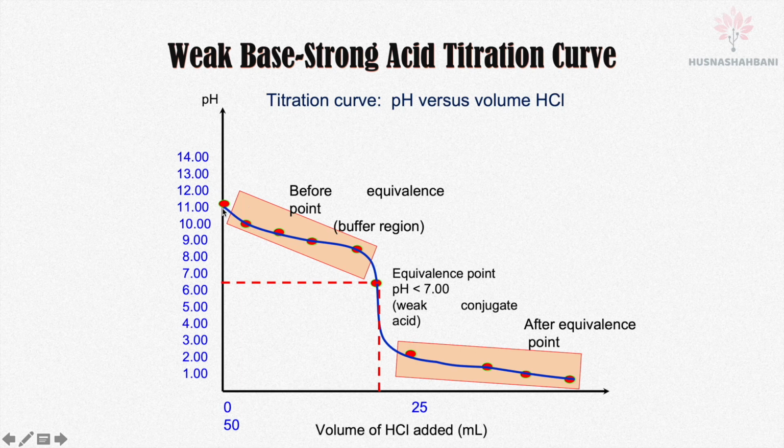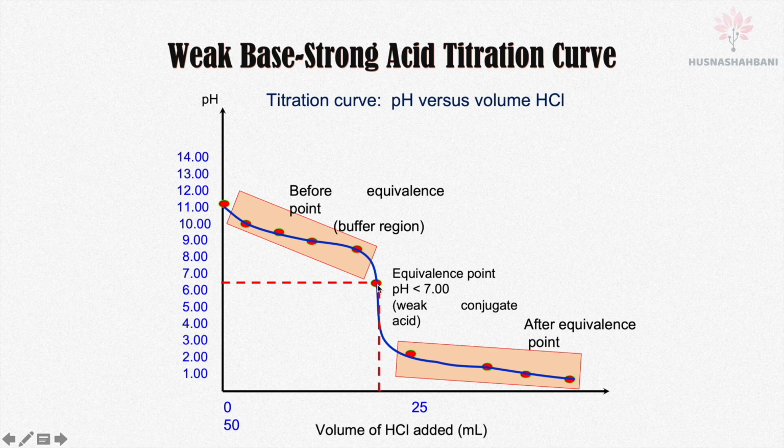We start at volume of HCl 0, where there is no HCl at all, only weak base, so the pH that we calculated is 11. Then we add more HCl. In the conical flask, it consists of weak base and its salt, so we call it the buffer region. And then here is the equivalence point.